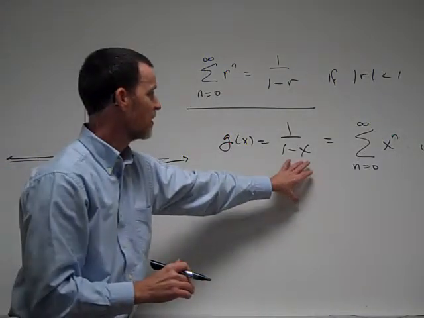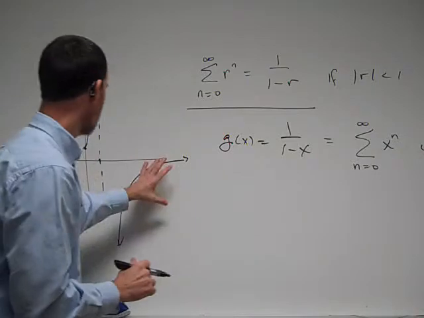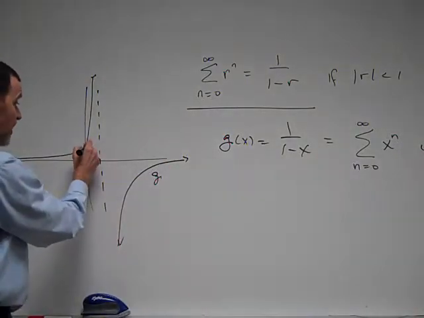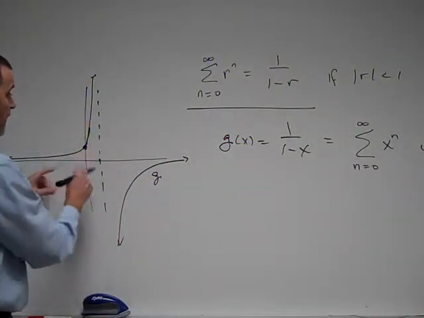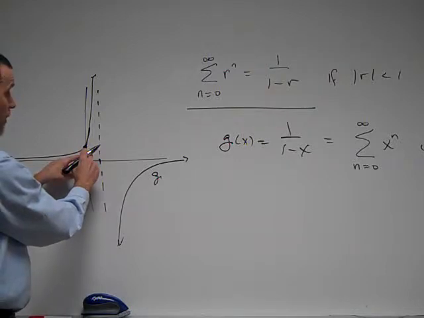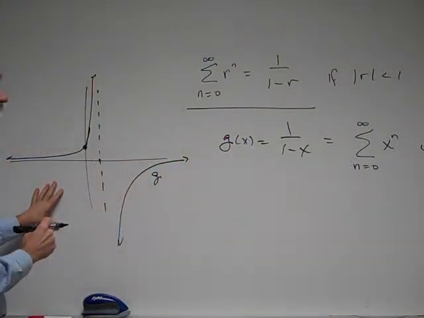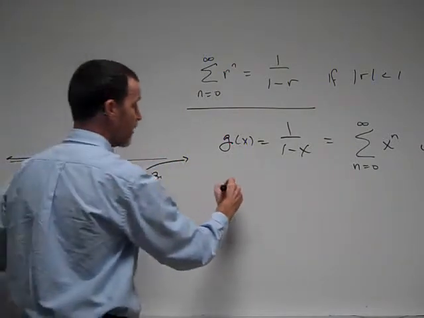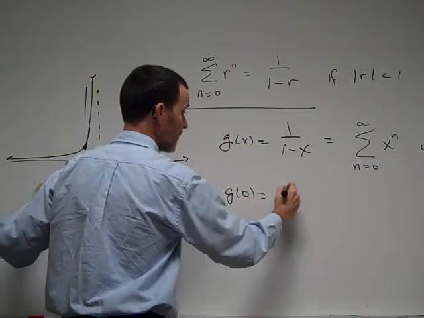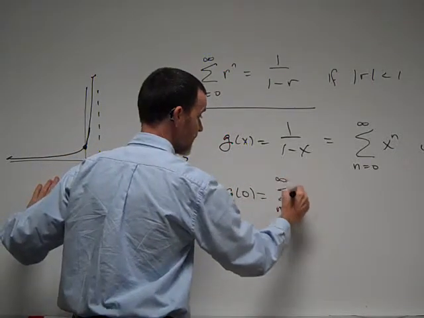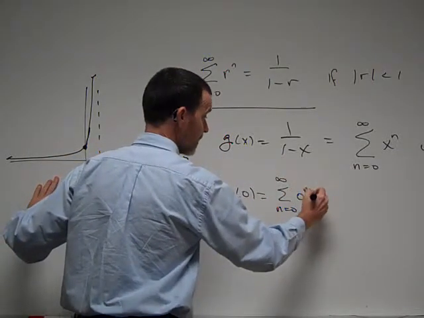Well, this function, writing it like this, doesn't help us out here. But near 0, this is an accurate approximation of this. Because what do you get out if I put g of 0 into the sum from n equals 0 to infinity of 0 to the n?